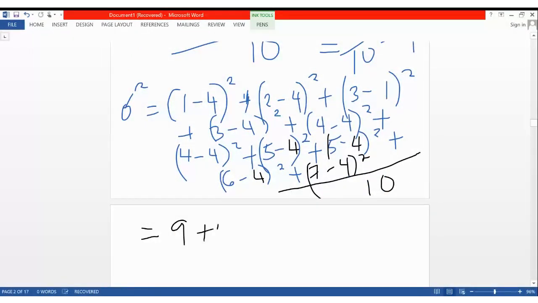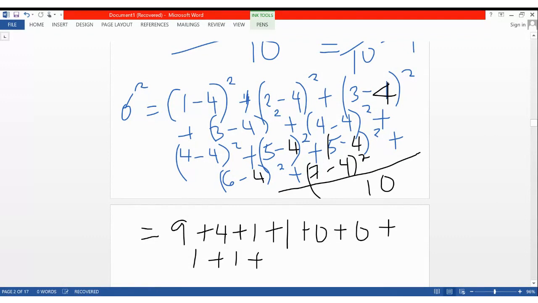So I'll get 1 plus 1 plus 0 plus 0 plus 1 plus 1. That is 2 squared, that is 4. And then 7, that is 3, which is 9. All over 10.